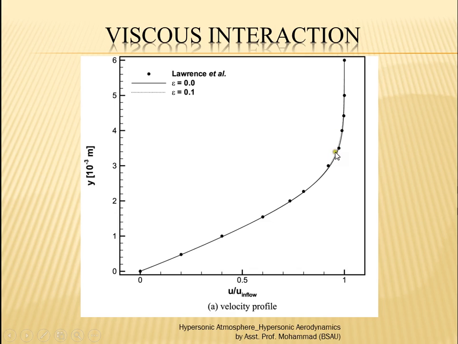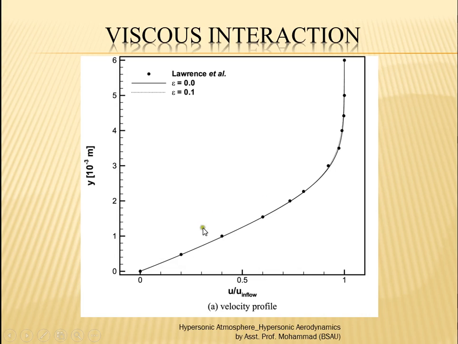Here it's almost 1. The boundary layer thickness is somewhat like this, and this is the region where it becomes almost 1. In this region there is a huge slowing down of the fluid. This slowing down brings in viscous dissipation, and that viscous dissipation converts kinetic energy into internal energy.